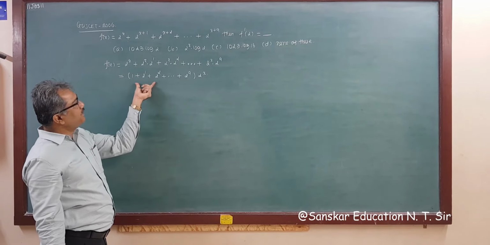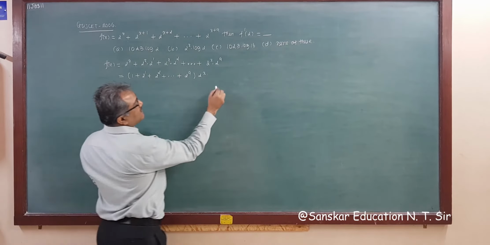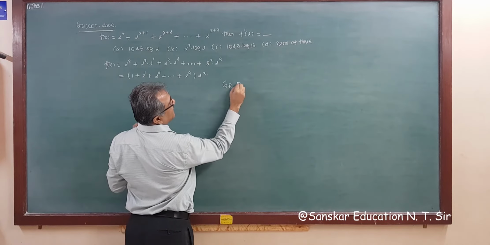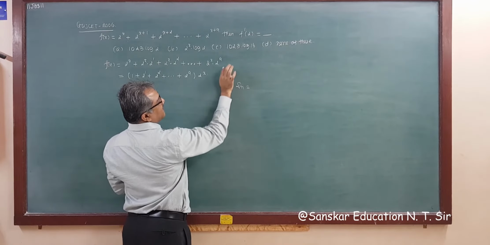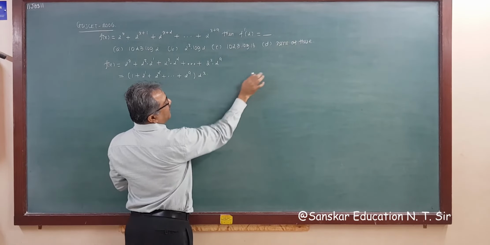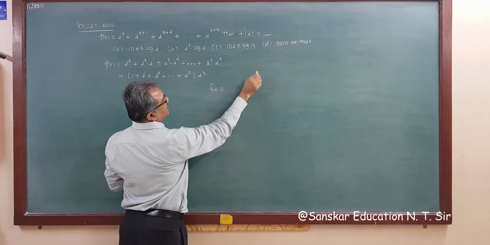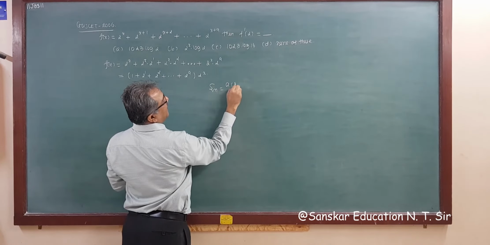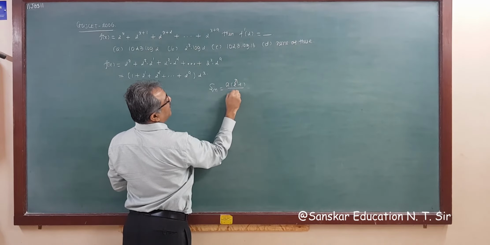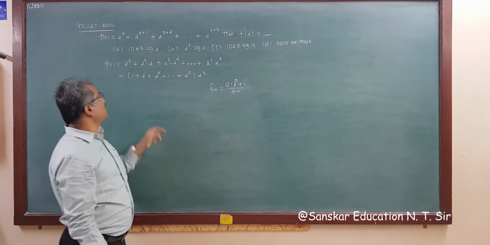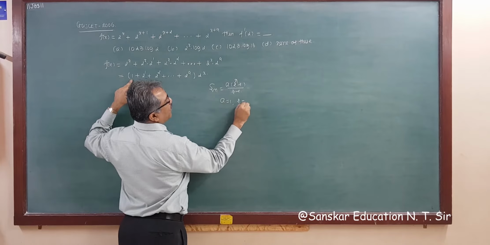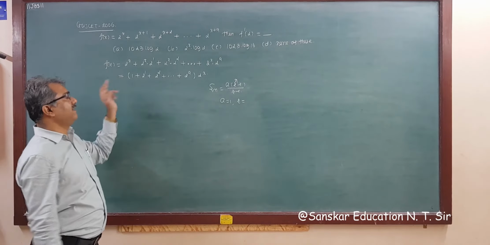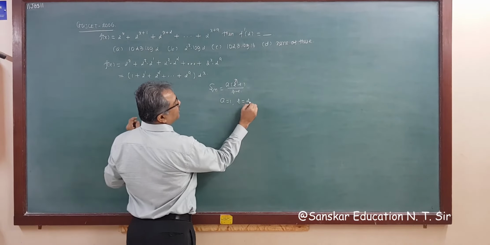Right? So here this one is 2 raised to 0. So this is your GP. And you know the sum of the GP is Sn, right? For a GP, the formula is Sn is equal to a times r raised to n minus 1 upon r minus 1. So what is a? The first term is 1, ratio r is 2 by 1, that is 2, right?